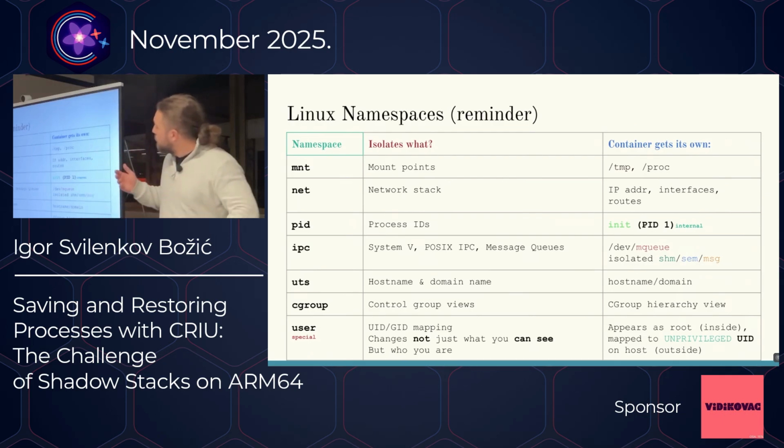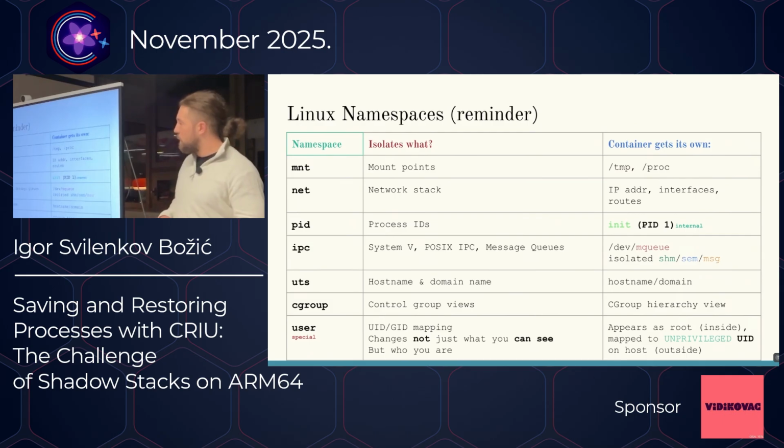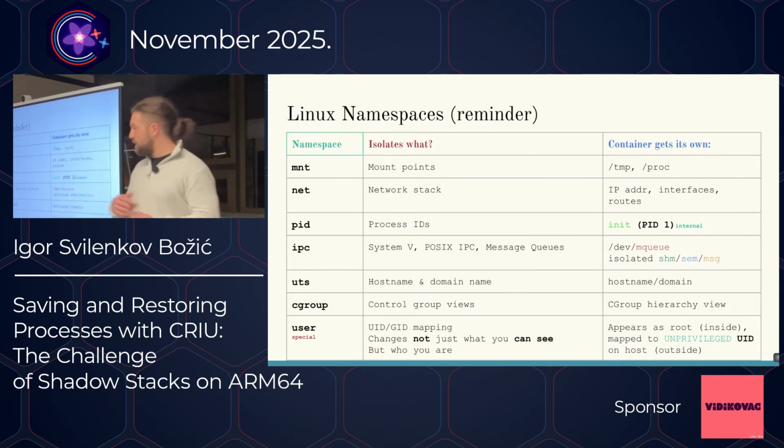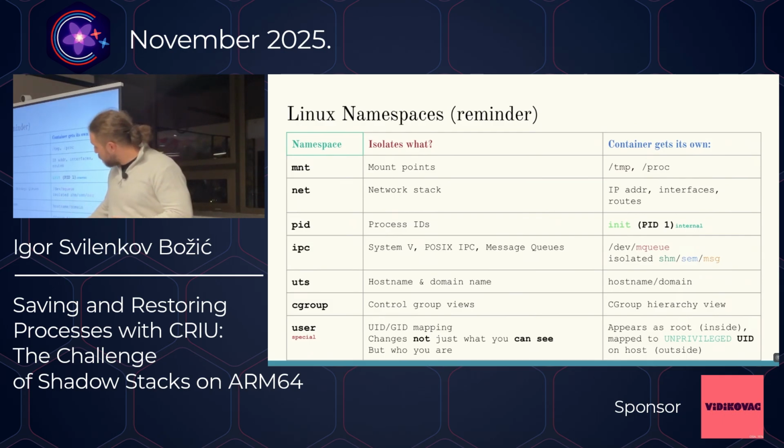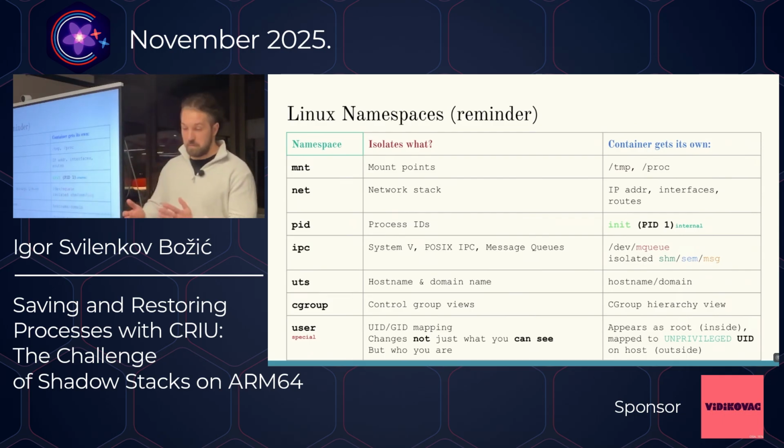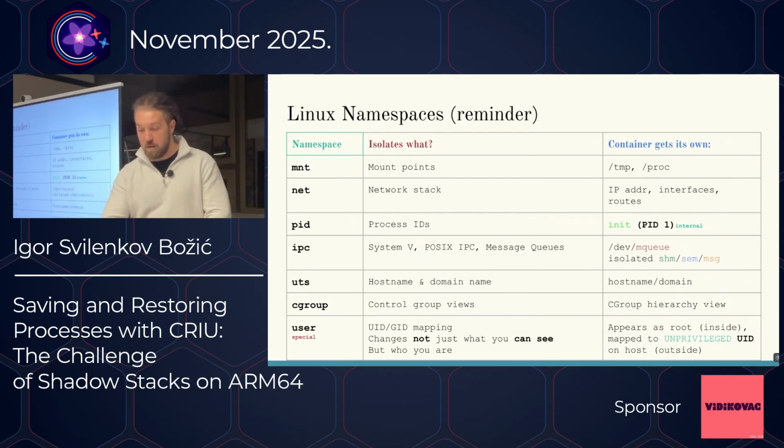Let's say you are UID 1000 outside, you're UID 1000 inside, but the user namespace can be different outside and on the inside. Not to go too much into detail, namespaces are their own beast, so it's worth noting that CRIU needs to restore all these namespaces when it does its restoration, especially for different types of containers like LXC, Docker, containers that run in Kubernetes, and so on.